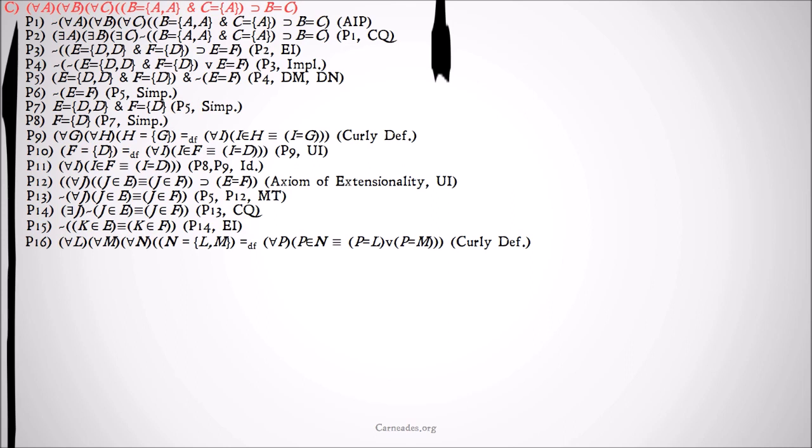So in this case, the class N is equal to the class of L and M, equals, by definition, for all P, P as a member of N is materially equivalent to either P is L or P is M. Hopefully that all makes sense of where we're instantiating each of those. Take a look at the curly definition again. That's in the video on pairing, if you're curious for more on that.